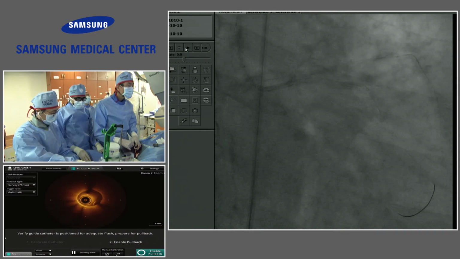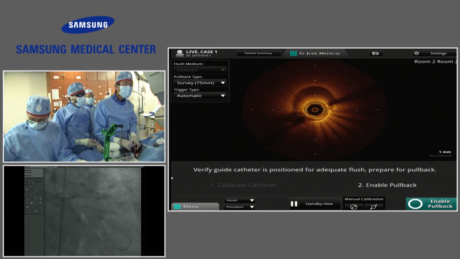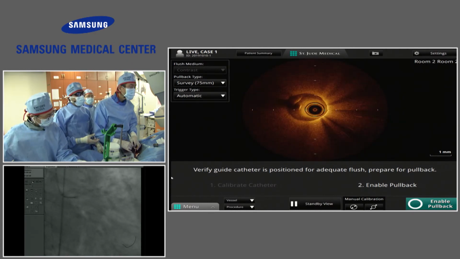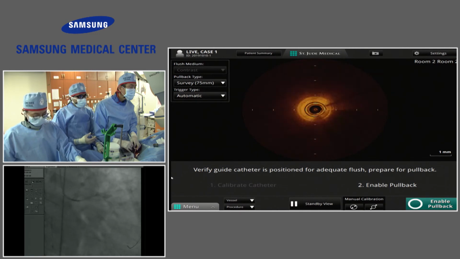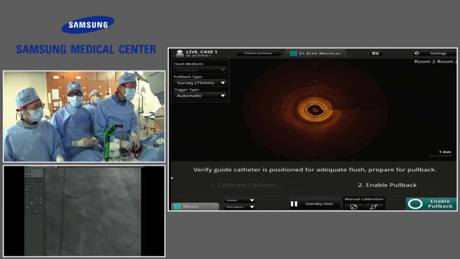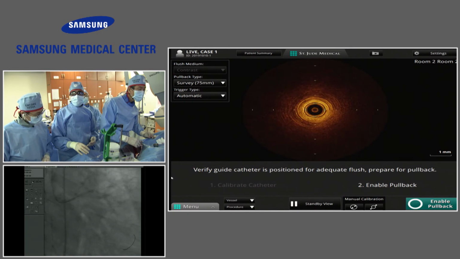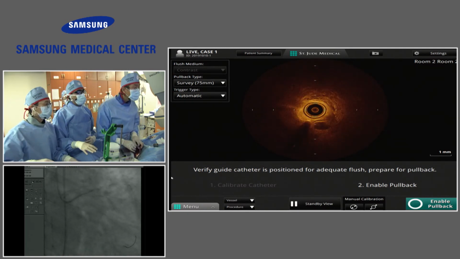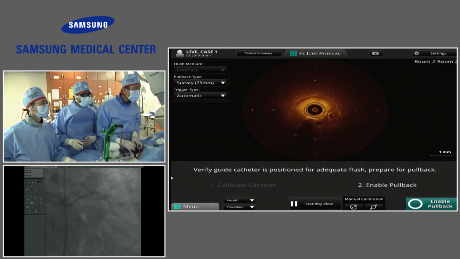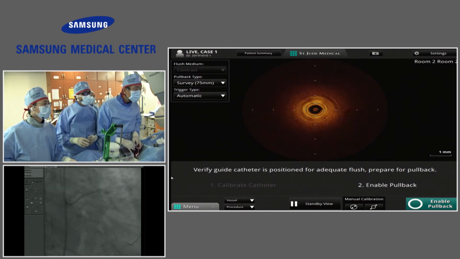As I mentioned earlier, we just published the OCT sub-study of the Disrupt CAD 2 study. One of the limitations of current technology is still going to be a 90-degree calcific protruding nodule. There's no really good therapy at the moment.